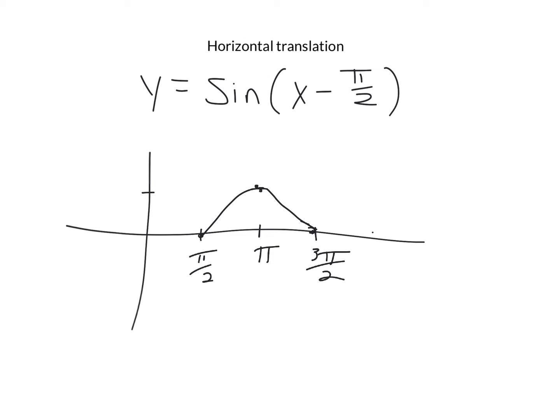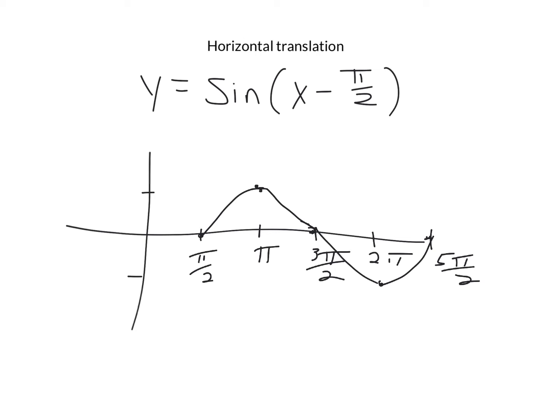And then at 2 pi, it would go down to -1. And then at 5 pi over 2, we'll go back to 0.